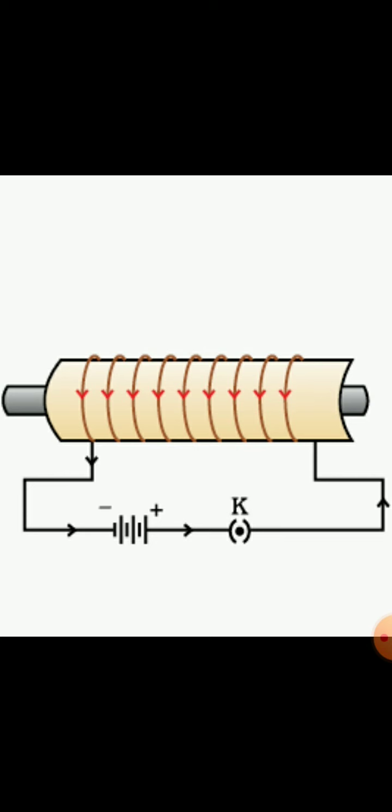If the circular turns are very close to each other, right? So if a strong magnetic field is produced inside a solenoid, that can be used for different purposes. It can be used to magnetize a piece of magnetic material like soft iron, as you can see in the figure.